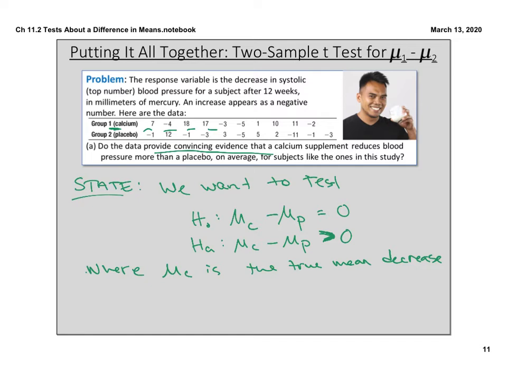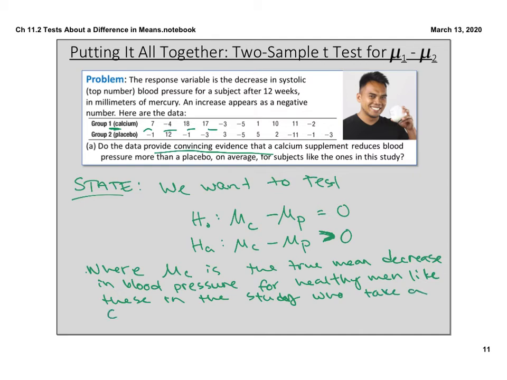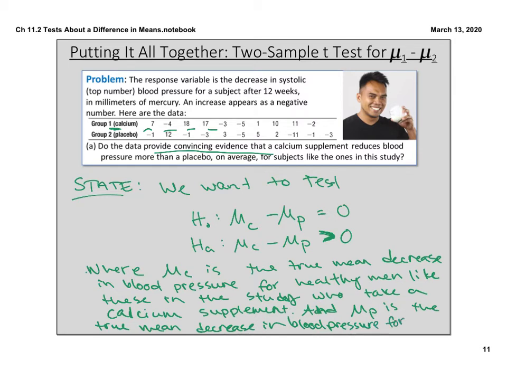See, we're already seeing the decreases here. We're not seeing the actual blood pressure, we're seeing the change. So the true mean decrease in blood pressure for healthy men like these in the study who take a calcium supplement, and mu P is the true mean decrease in blood pressure for men who take a placebo.